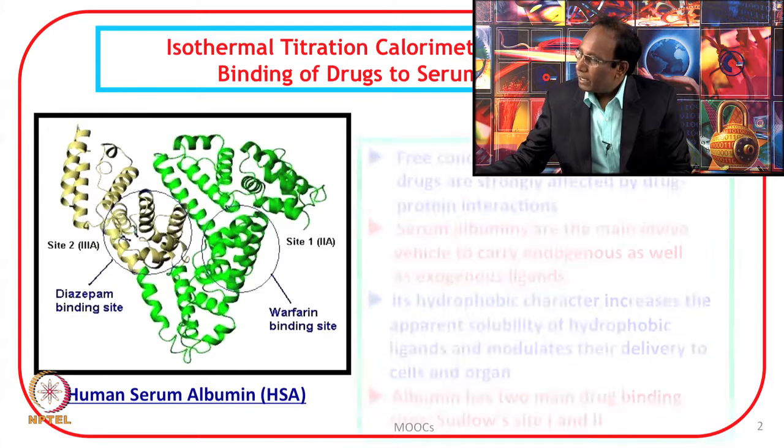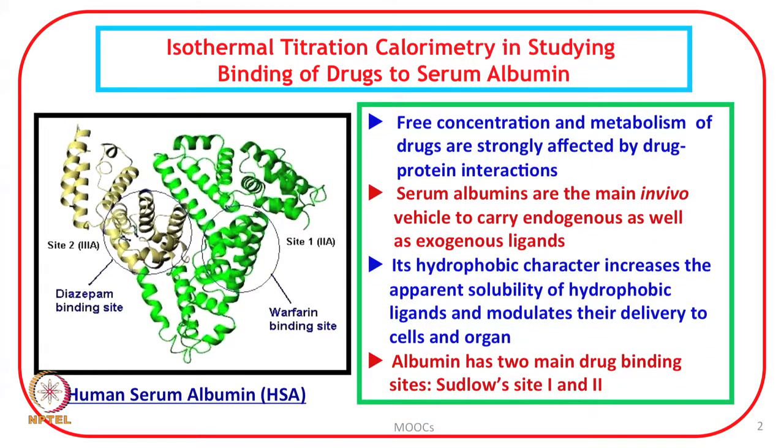Now, let us take a look at the figure again. The comments here I have highlighted in my previous lectures and tell about the significance of studying the binding of drug molecules with the serum albumin.